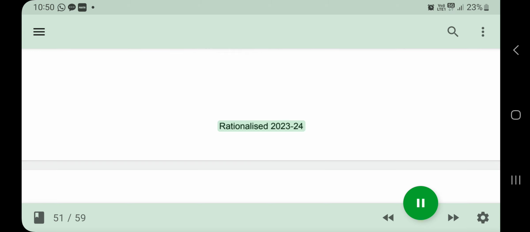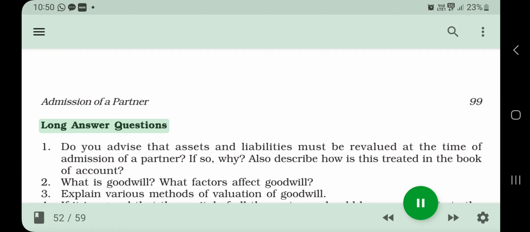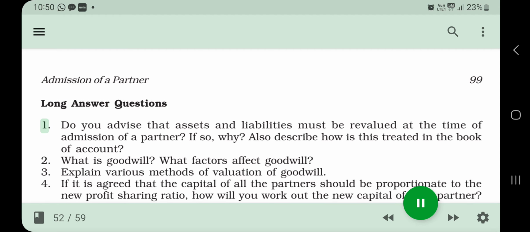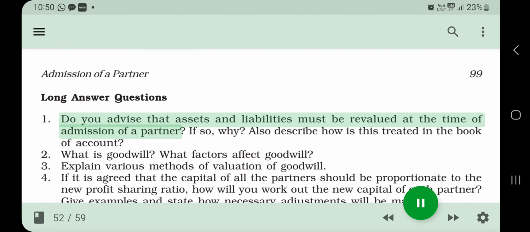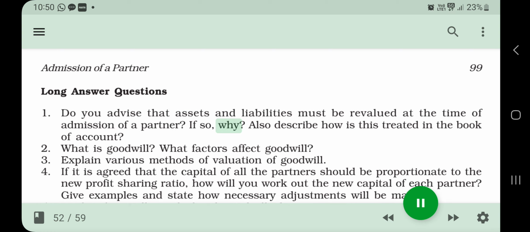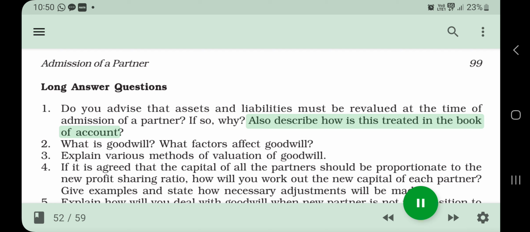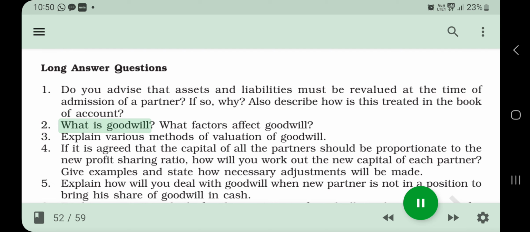Long answer questions. 1. Do you advise that assets and liabilities must be revalued at the time of admission of a partner? If so, why? Also describe how this is treated in the books of account. 2. What is goodwill?